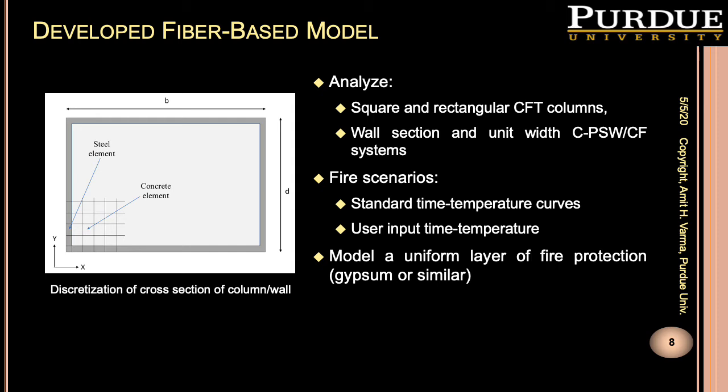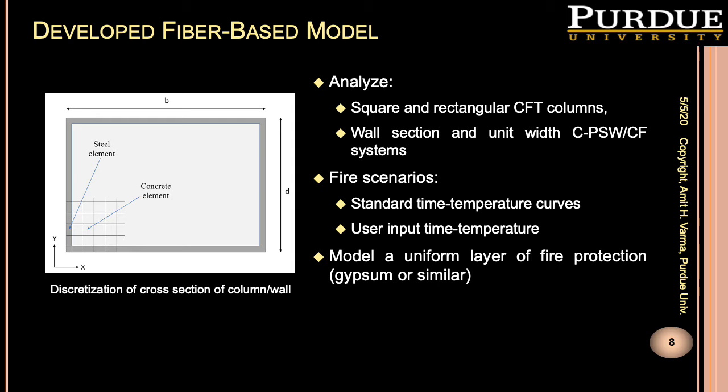The two-dimensional fiber model is a section-based model which is based on analyzing a section of the column or wall. For the analysis, the cross-section is divided into fibers consisting of nodes and elements. A discretized section into fibers is shown here.